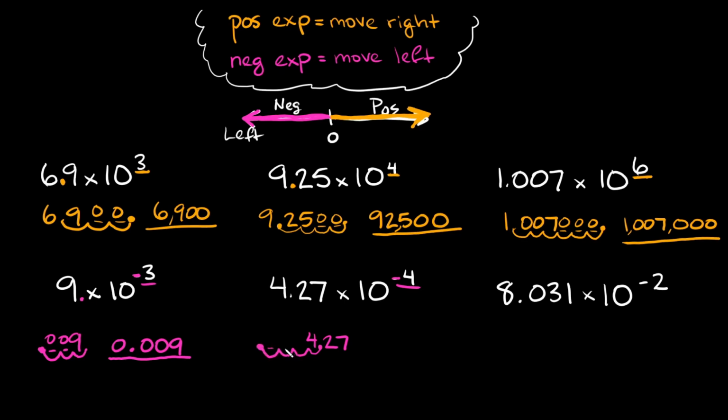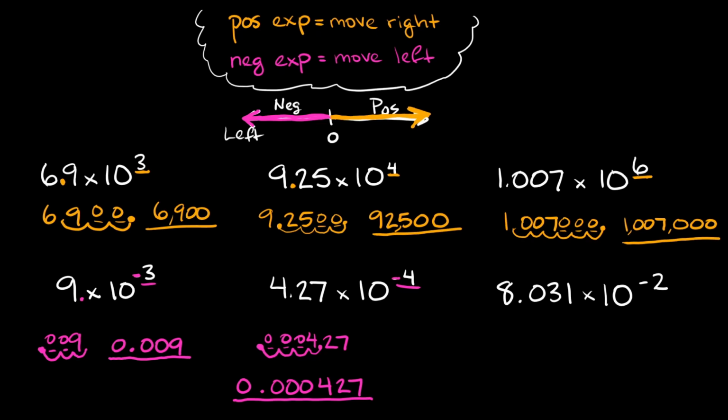Okay, we have 3 empty place values right here, so we put zeros. So 1, 2, 3 zeros. Okay, so let me clean this up a little bit. So your answer right here is going to be 0.000427. And again, we normally put this extra 0 right here as a placeholder, right? So there's your answer.